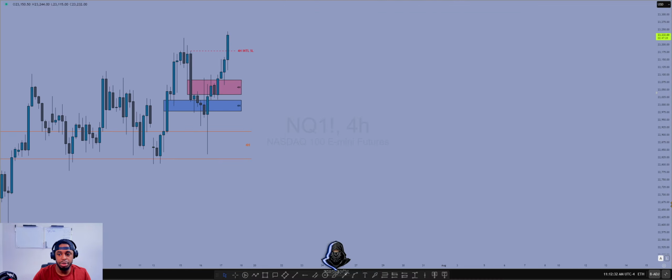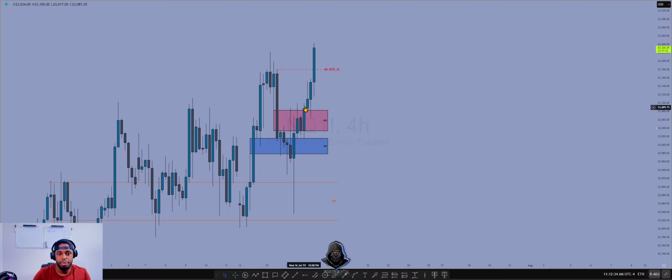This was the 4 hour at that moment. So price was here. It was above the confirmation, but it was still inside of the initial stop loss. So we still had room for price to go up, but at the same time, it was inside of a sell model. So I was showing them how we had a 3 and a 15, and it was corresponding to what the 4 hour was saying, but the 4 hour was also saying that it didn't touch the confirmation and go down. It went above it. So now it's like, okay, what is the market trying to tell you? So you're using all that to get a confluence.